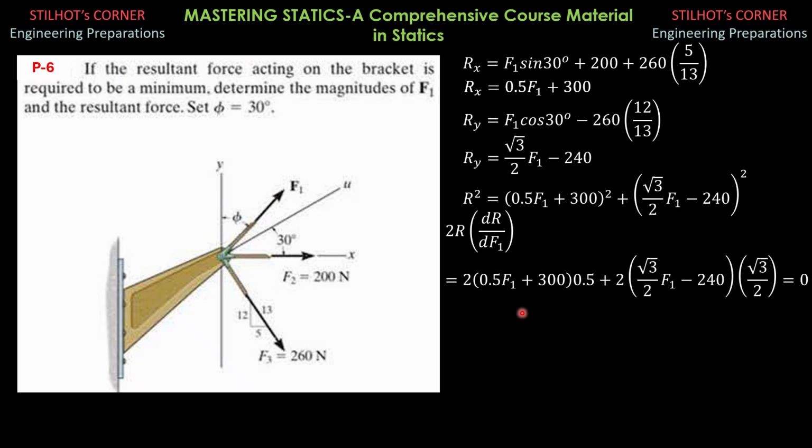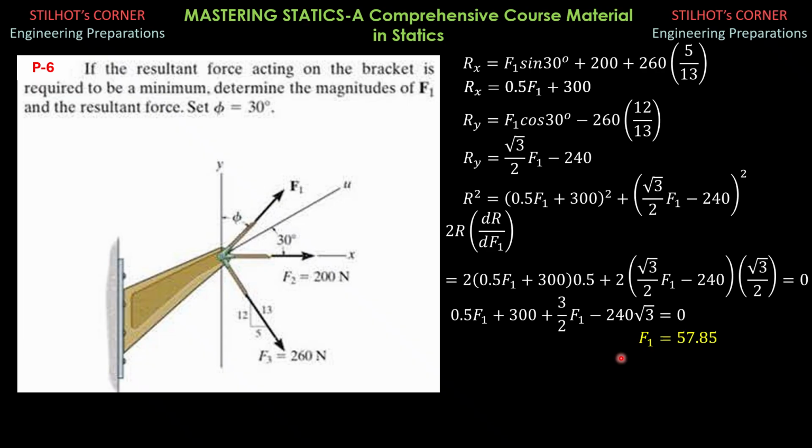So simplifying, 0.5 F1 plus 300, plus square root of 3 over 2 times square root of 3, so 3 halves F1, then minus 240 square root of 3 equals 0. So from here, we can now solve F1.